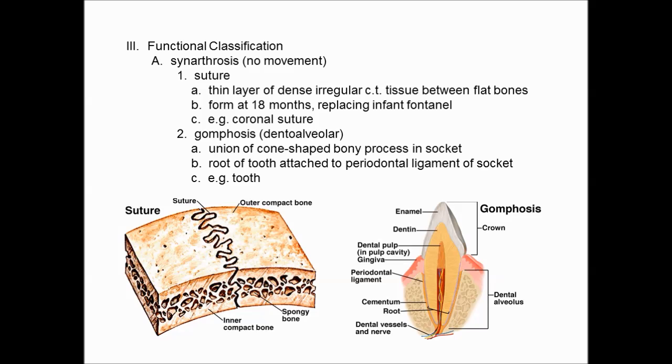So again, very, very little movement, essentially some connective tissue between the two structures, the root of the tooth and the socket, and the connective tissue there is called a periodontal ligament. So both of these, suture and gomphosis, are examples of synarthrosis.